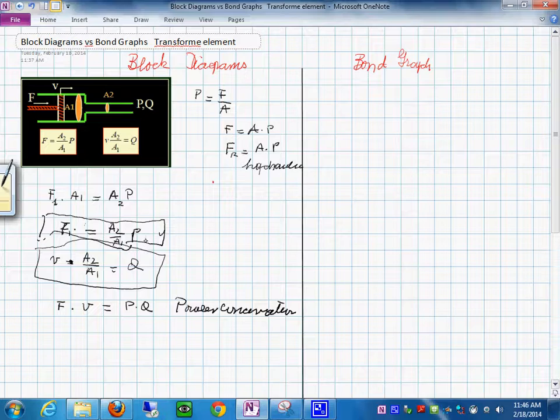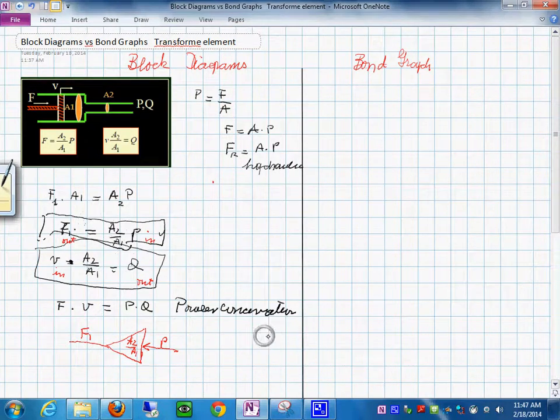This is in and this is out, because this is the result. On the first one, the pressure coming in here, multiplied by this constant A2 over A1, results in F1.